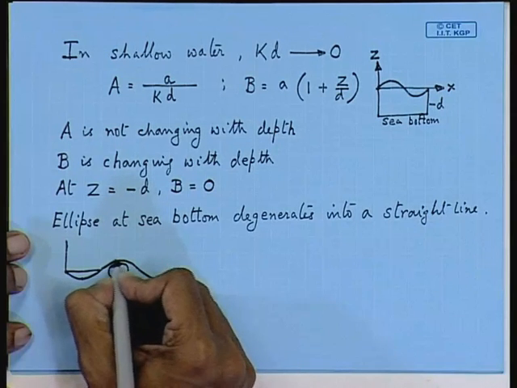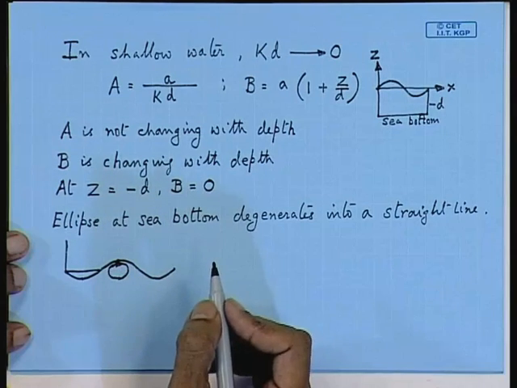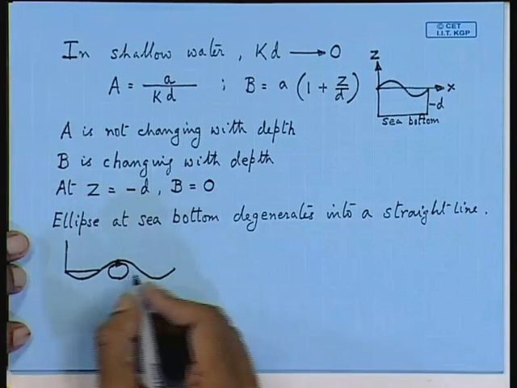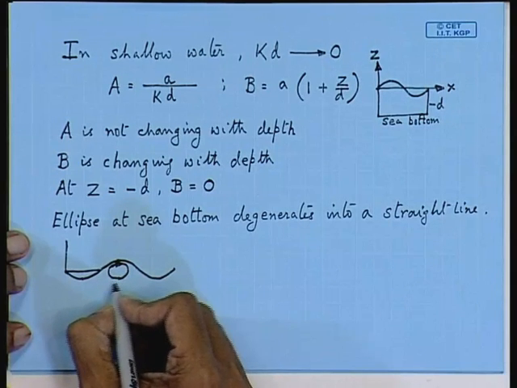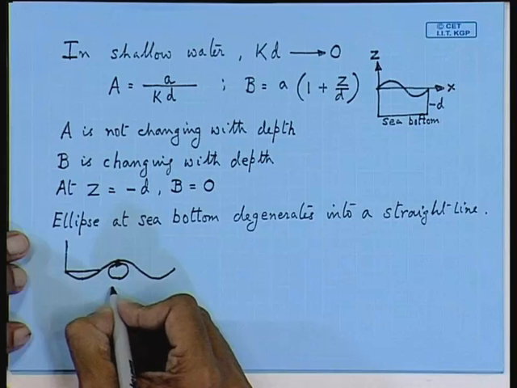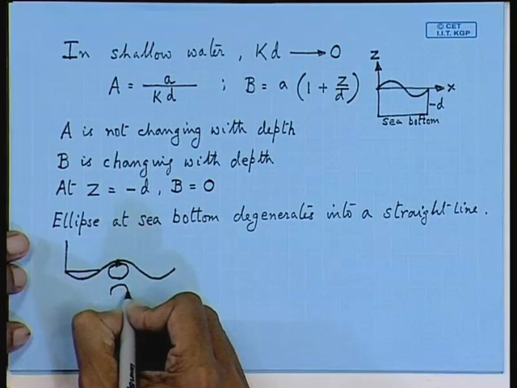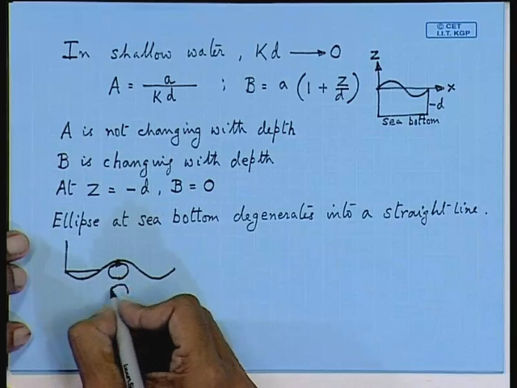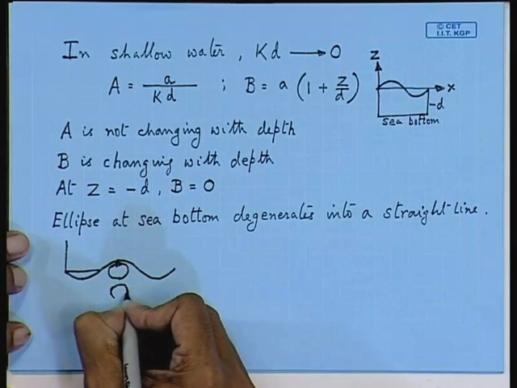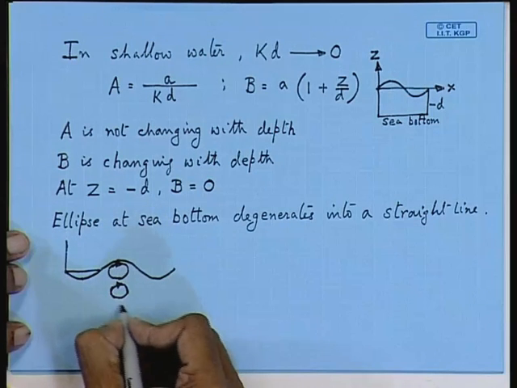If you stand at the crest of a wave, suppose you are standing in this region, what will be your future? Can you guess? Suppose you are at the top of a wave crest. You are in deep water actually, so in my diagram it is not drawn, but the diameter of the circles will keep on decreasing.